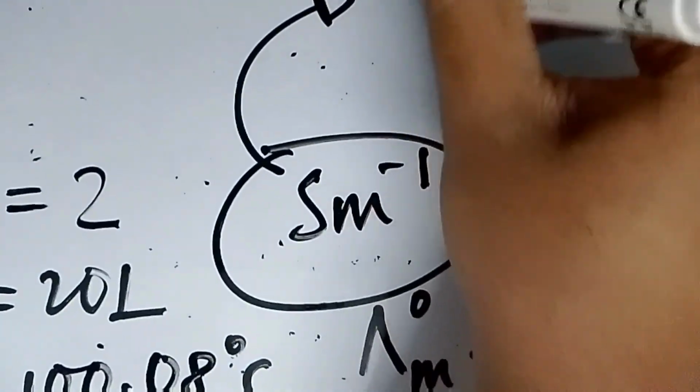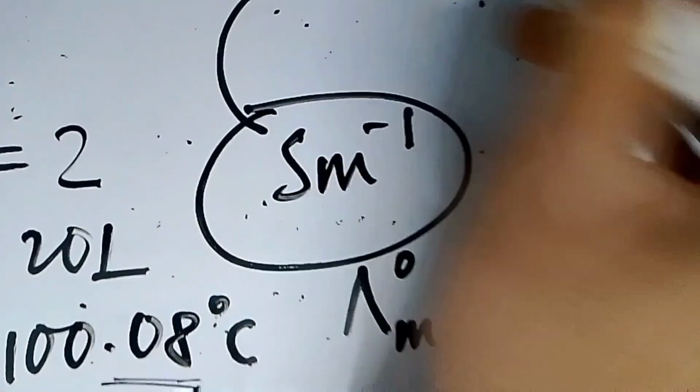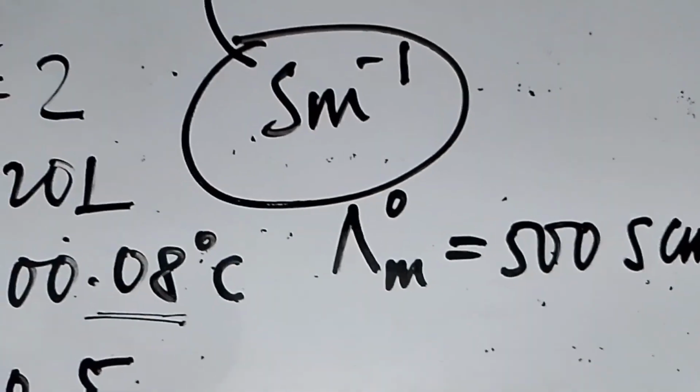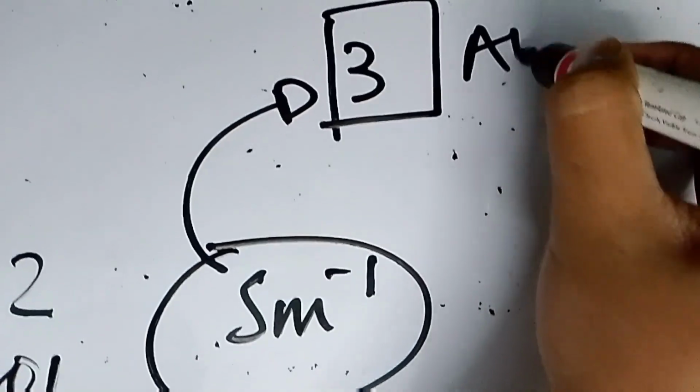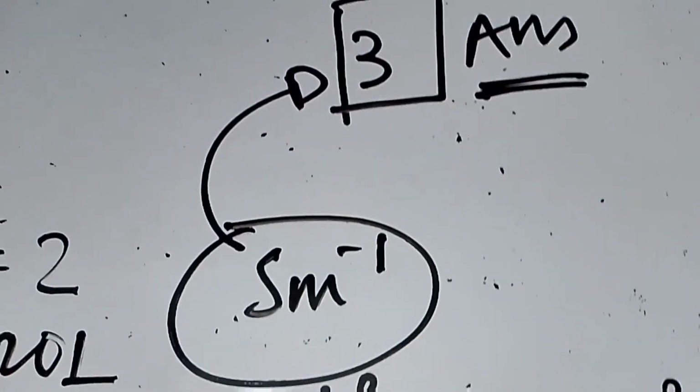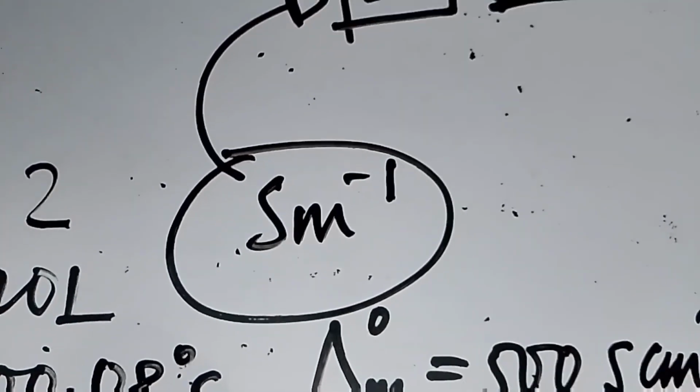So 3 is the final answer, because you can do the conversions required. It is centimeter inverse and here it is meter inverse, so the answer would turn out to be exactly 3. So the answer to the second question is 3.